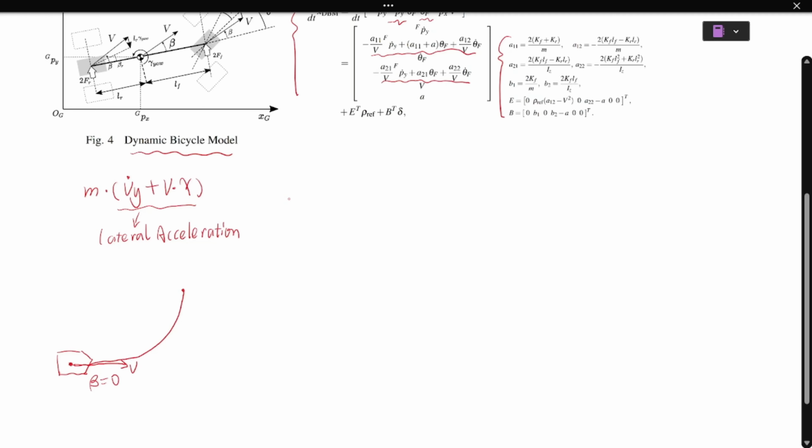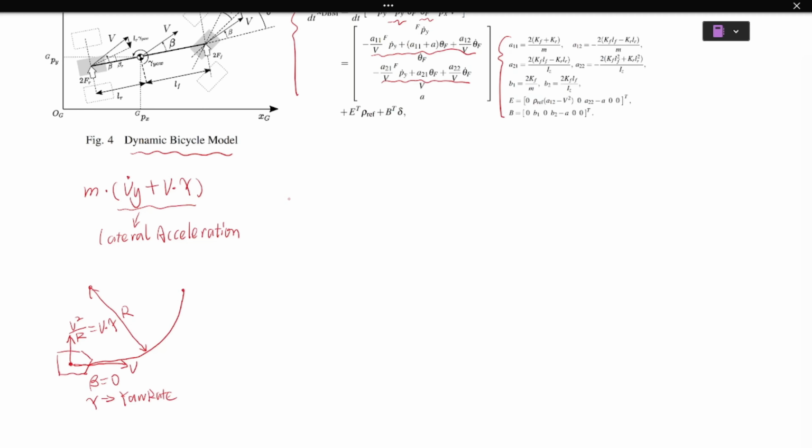So the lateral acceleration is V square over R, where R is the curve's radius, and equals V times gamma. Gamma is yaw rate. In this situation, when the slip angle is 0, it's called circular motion.